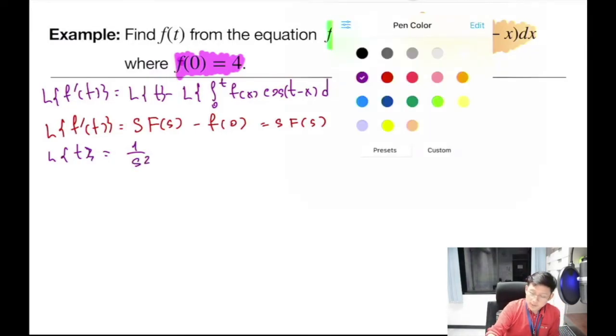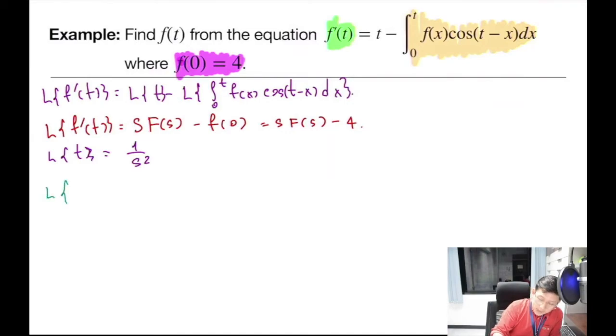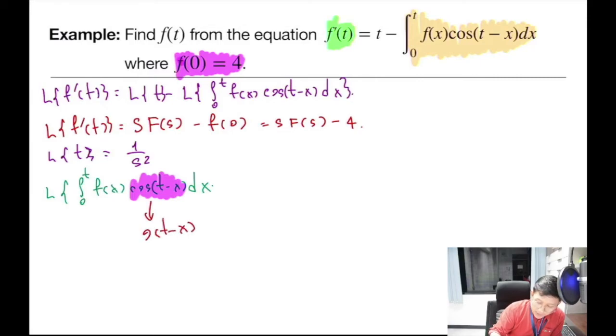Okay, and lastly, the Laplace transform of the integral from 0 to t of f(x) cos(t − x) dx. So guys, we can look at this as g(t − x), which means g(t) is actually cos t.